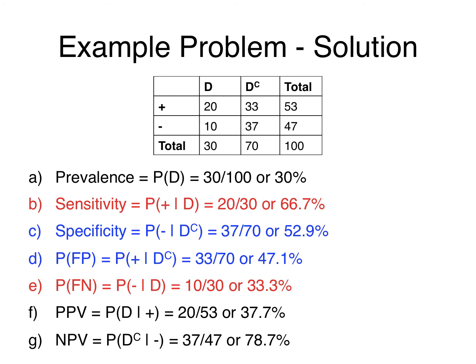So 1 minus the specificity probability of 0.529 equals 0.471, the probability of a false positive. And we can also determine the probability of a false negative by subtracting the sensitivity from 1 and vice versa. So each of these respective probabilities adds up to 1, which means the percentages add up to 100%. So they're complementary values.